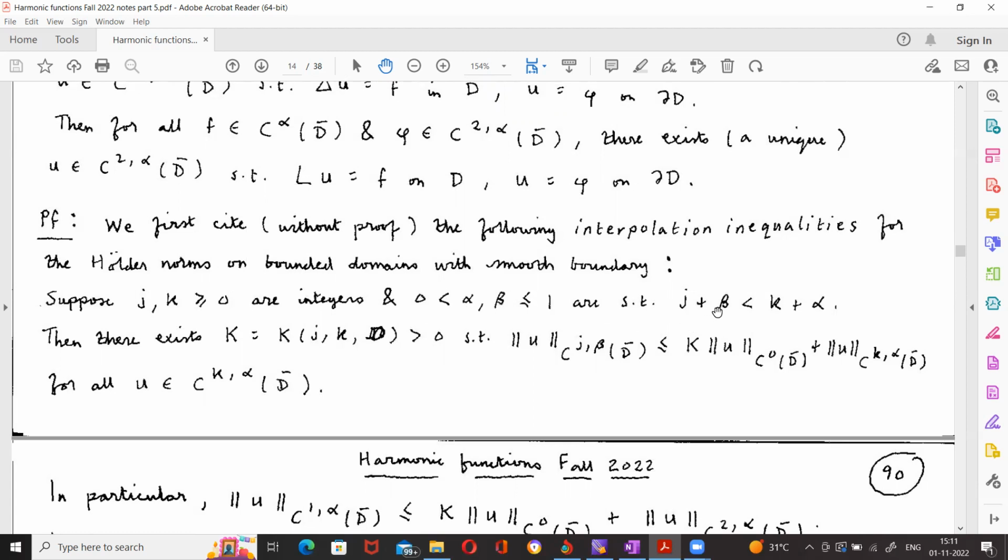And suppose that J plus beta is strictly less than K plus alpha. Then there exists a constant capital K such that the C J beta norm of U is less than or equal to K times the C0 norm of U plus the C K alpha norm of U.